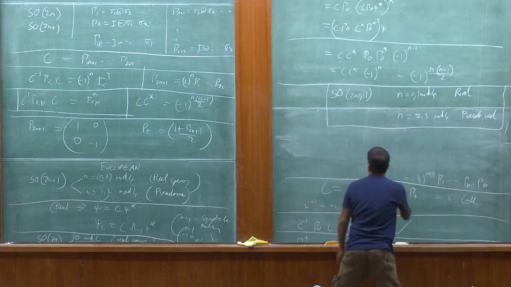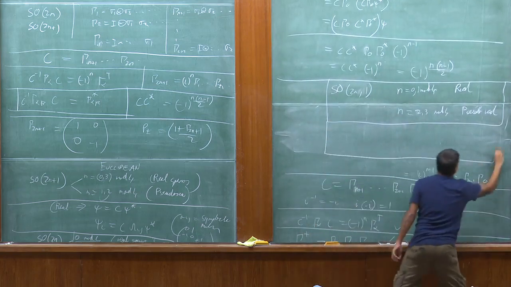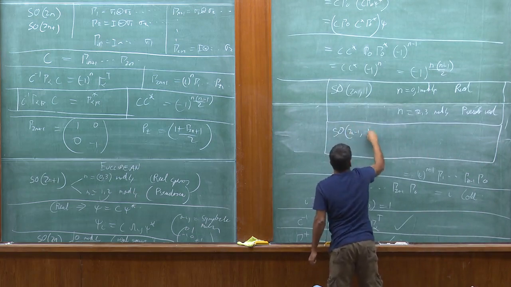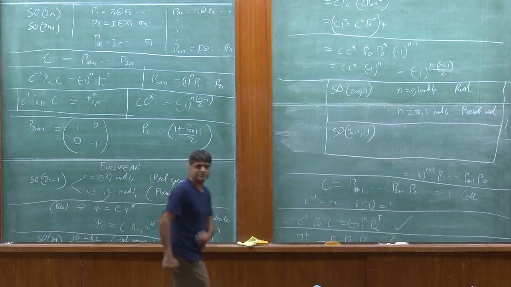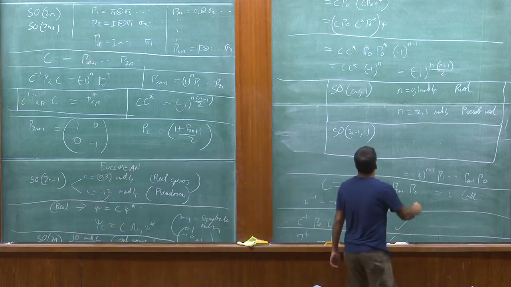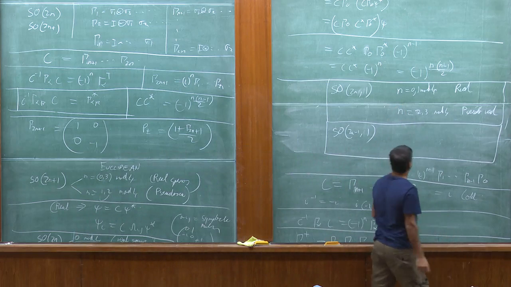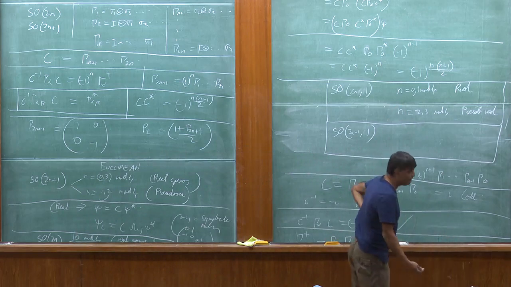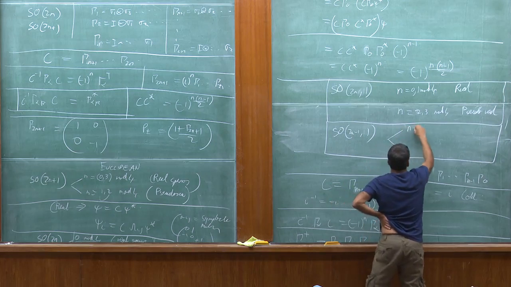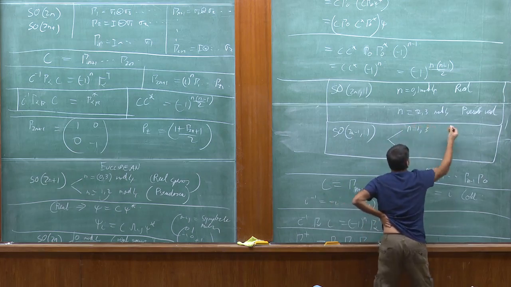What about for SO 2n minus 1 comma 1? Well, same reality or pseudo-reality properties, except, of course, as always, if n is equal to 1 or 3, we have complex.